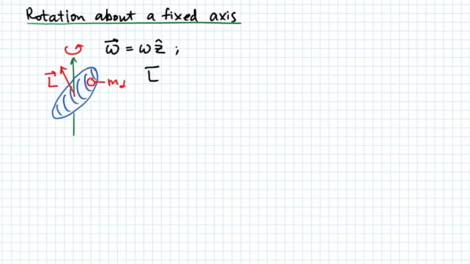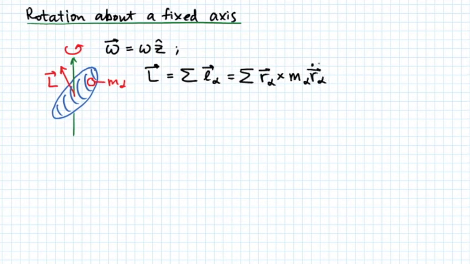We write total angular momentum as a vector sum of angular momenta of all the chunks alpha, which of course is nothing other than position r alpha cross mass alpha times r alpha dot.